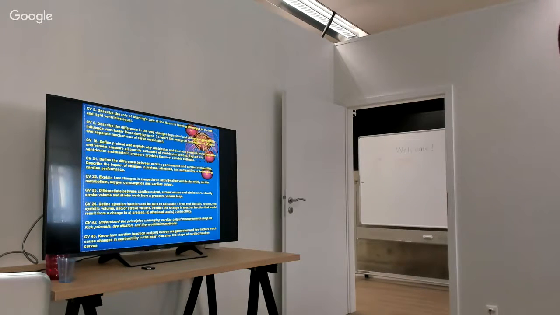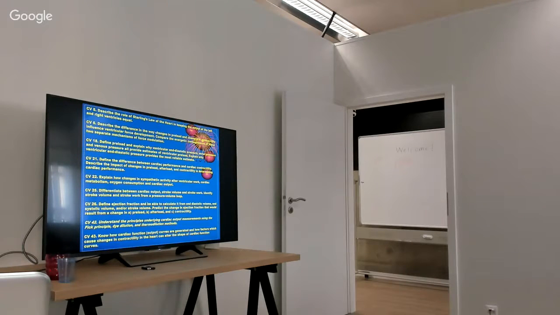And how much is the cardiac output of a healthy person that exercises, at maximum? Maximum 35 liters.